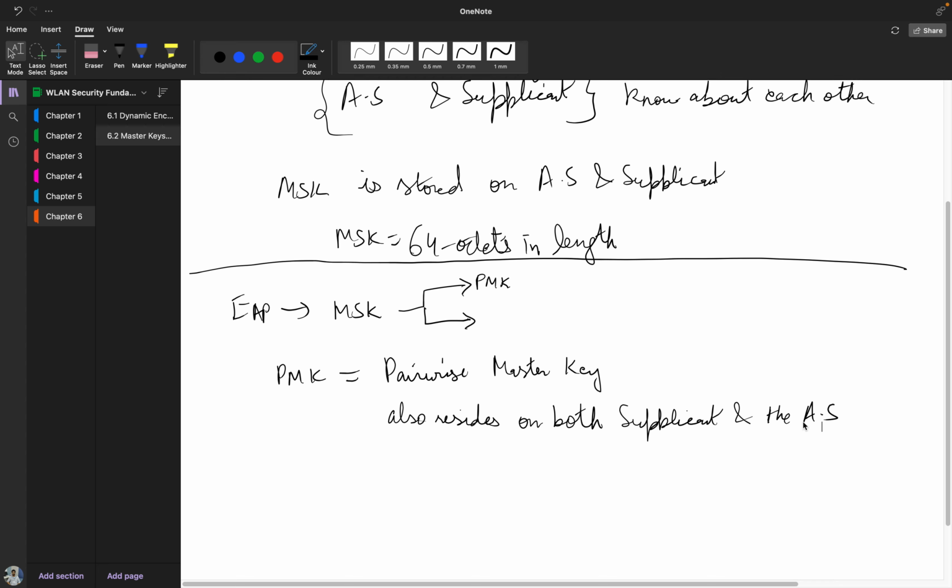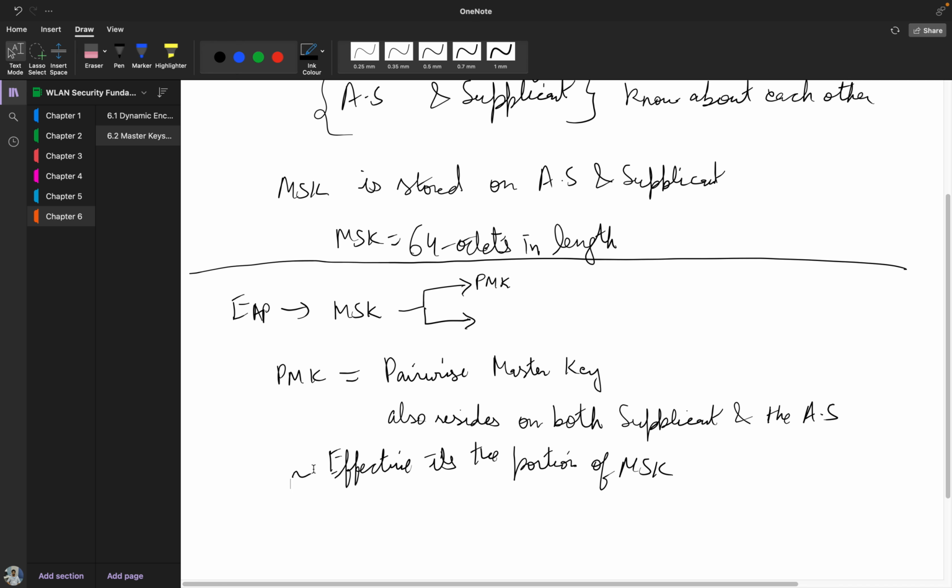The pairwise master key is effectively a portion of MSK itself. Okay, that is something which you should know.